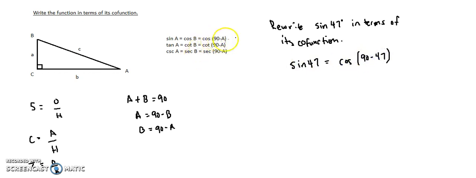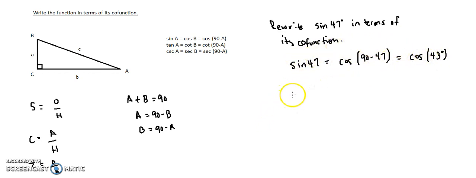That's what this is saying over here. And that means that we're equal to cosine of 43. Okay, with or without the parentheses, either way is fine. So sine of 47 is equal to cosine of 43. So we can switch between functions now with this relationship.